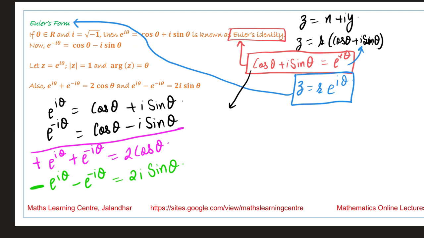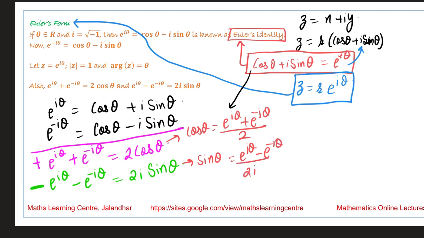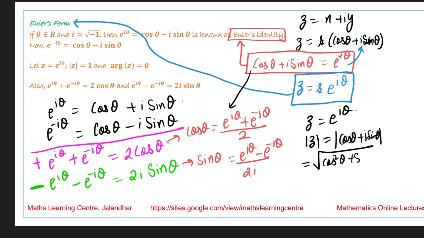So from the first equation we can write cos θ = (e^(iθ) + e^(-iθ))/2, and from the second equation we can write sin θ = (e^(iθ) - e^(-iθ))/(2i). Next, if we write a number z = e^(iθ), then mod of z will be equal to mod of cos θ + i sin θ, which is the square root of cos²θ + sin²θ, and this is equal to 1.